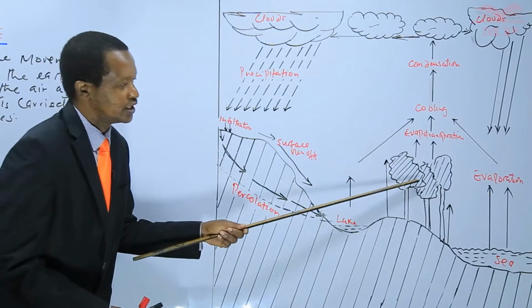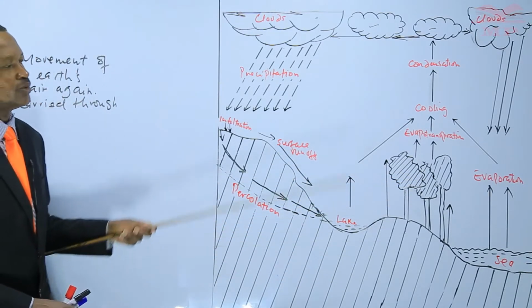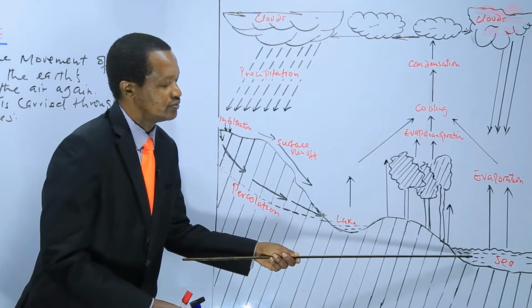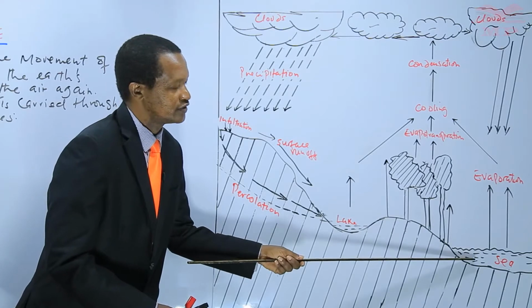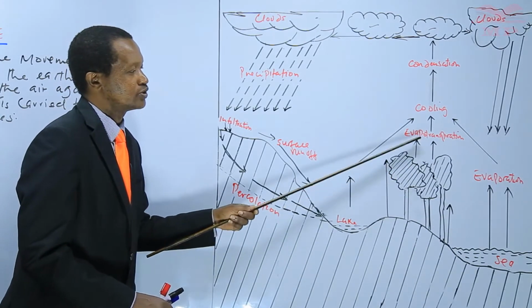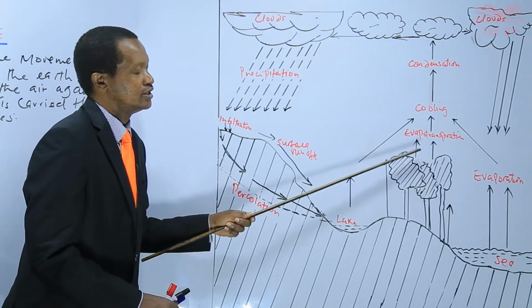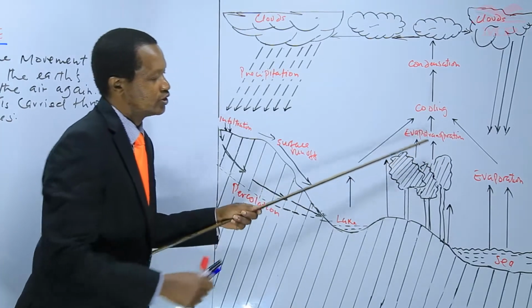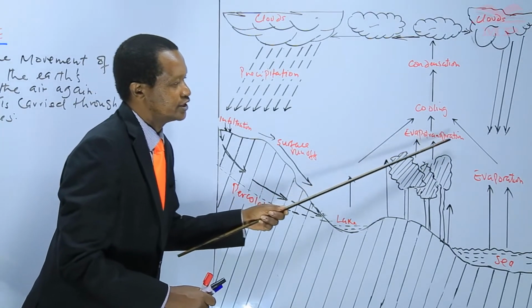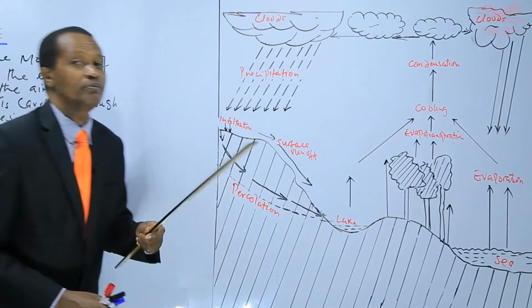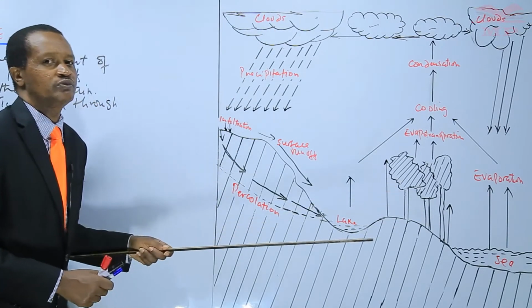Transpiration of plants. Now, when the water vapor that rises from the seas and open water surfaces combines with the water that is released in the atmosphere through transpiration of plants, that combination of the two we call evapotranspiration.